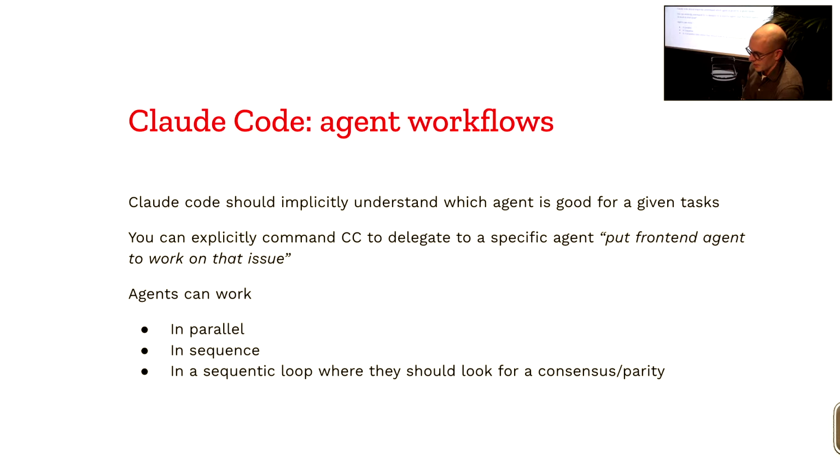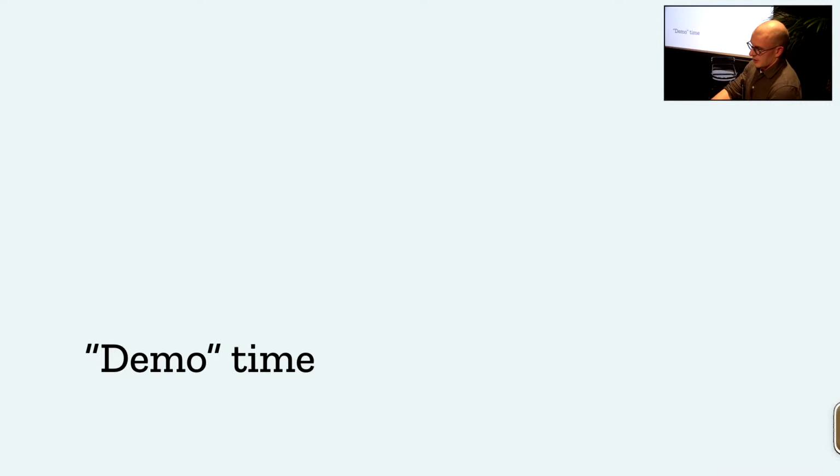So, for example, I can say put front-end agent to work on that issue, and then let back-end agent continue from it, and possibly a security agent to review everything. And these agents can work parallel or in sequence, or you can even set up sequential loops where they talk with each other.